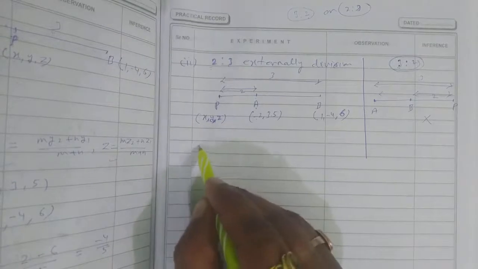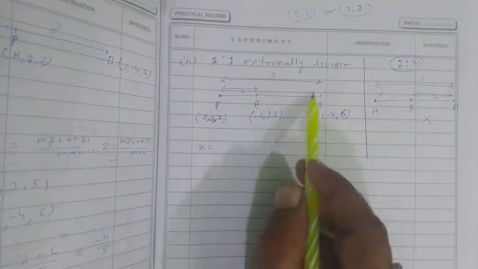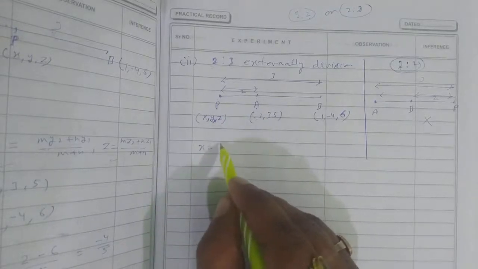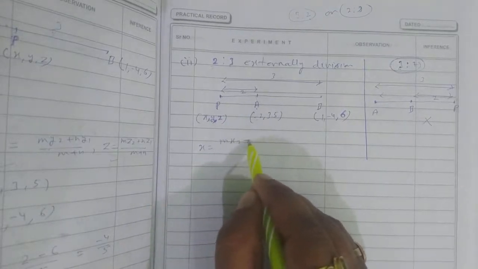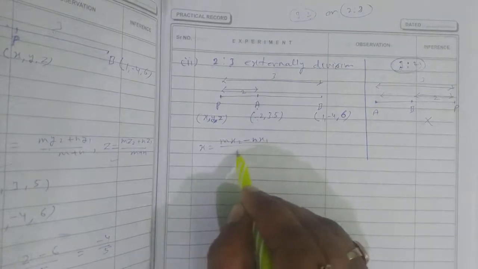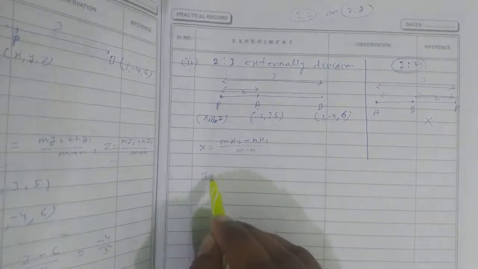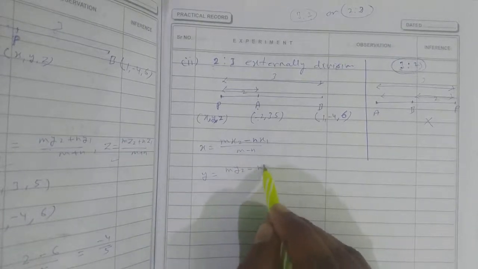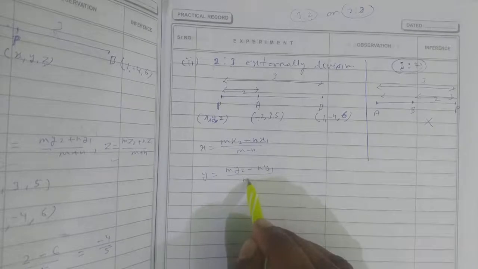So what is the coordinate of x here? Same, but when the point is divided externally, then you write x = (m x2 minus n x1) upon (m minus n). And what is the coordinate of y? Same thing: y = (m y2 minus n y1) upon (m minus n).